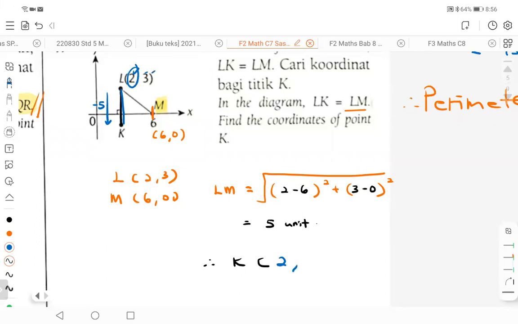And then you use the y coordinate 3, going down, right? Minus 5. So 3 minus 5 is negative 2. So the coordinate of point K is 2 and negative 2.